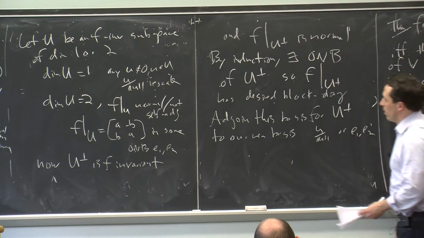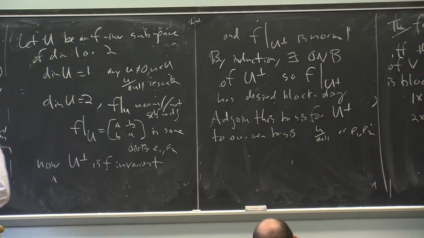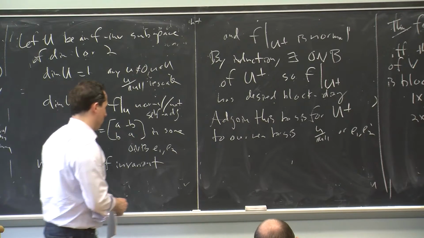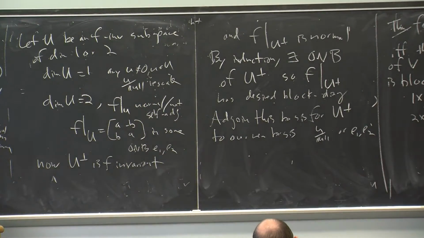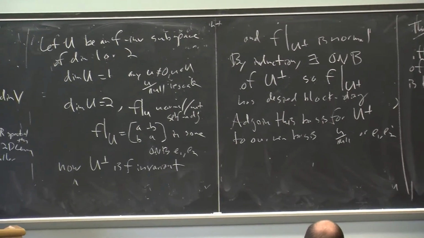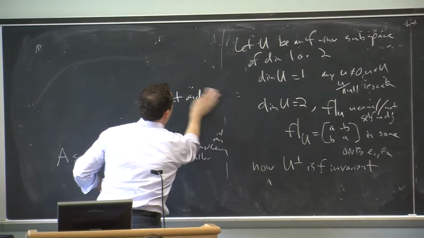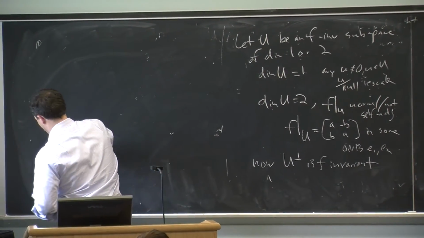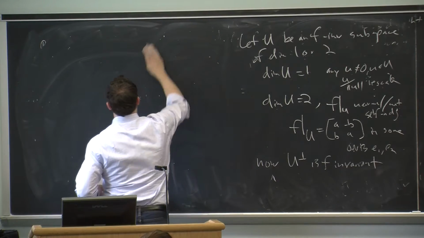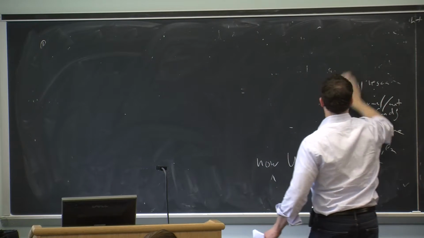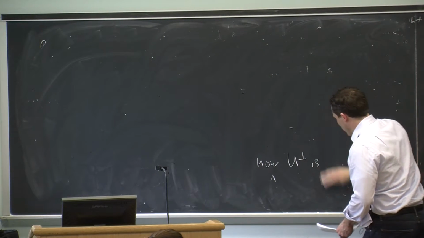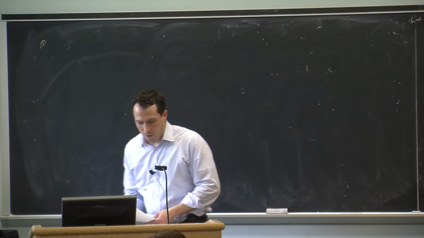And then we get a basis for the whole space that has the desired property. Okay, so that finishes our extended spectral theorem.